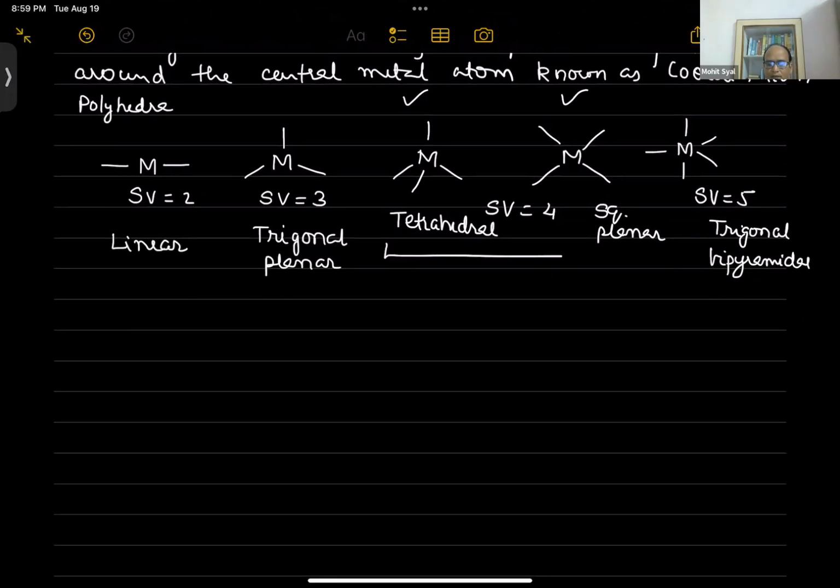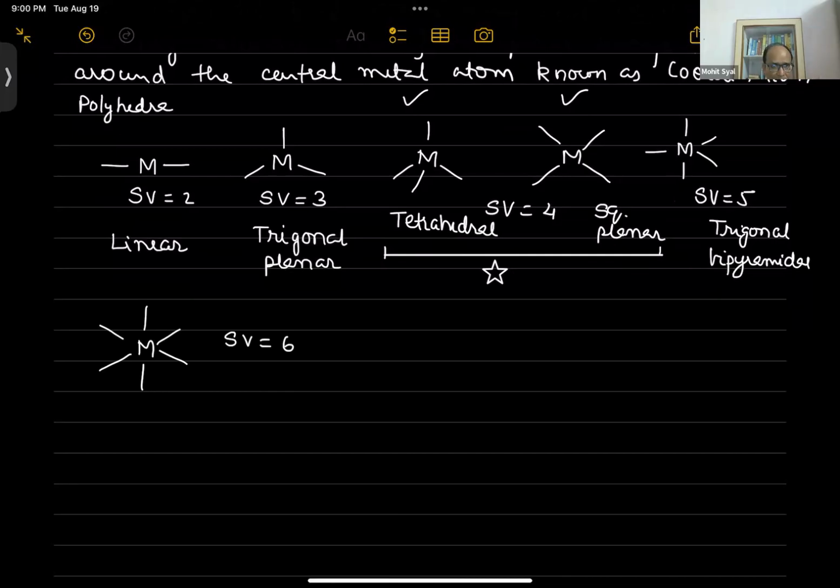These two, and the one which I'm going to write now. If the secondary valency is 6, the coordination polyhedra will have 6 groups connected to the metal.